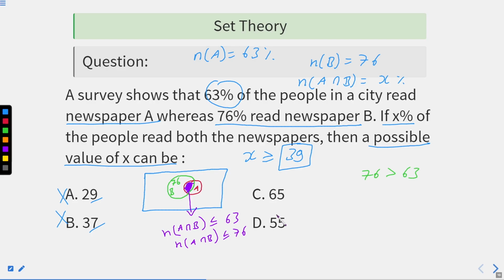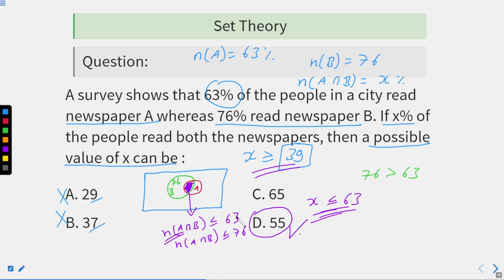The number of people who read both is X percentage. So we can easily find from the options that 55 is the only number which is greater than 39 and less than 63. So option D is correct here.